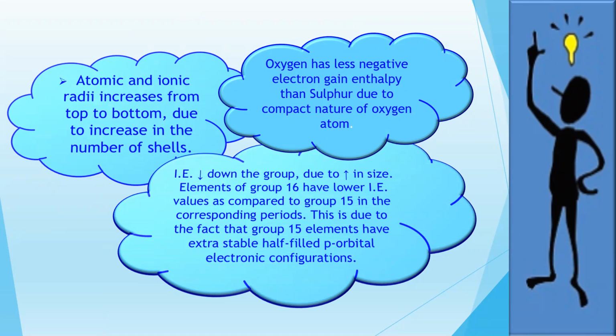As per our studies, orbitals that are half-filled or completely filled have high stability. Hence, the ionization energy of group 16 elements has lower values than group 15 elements.